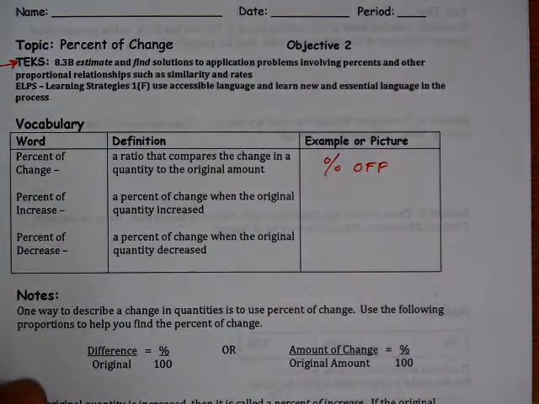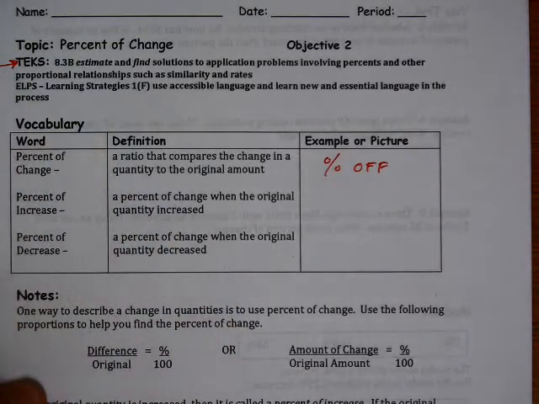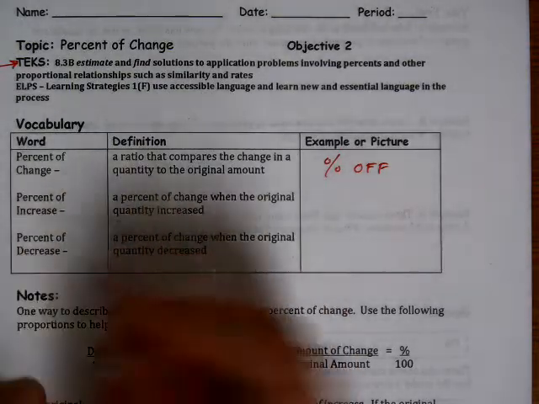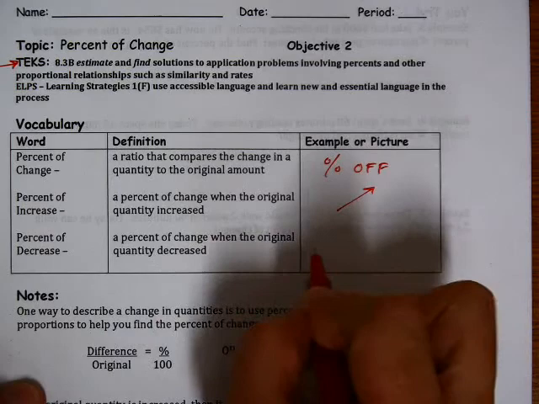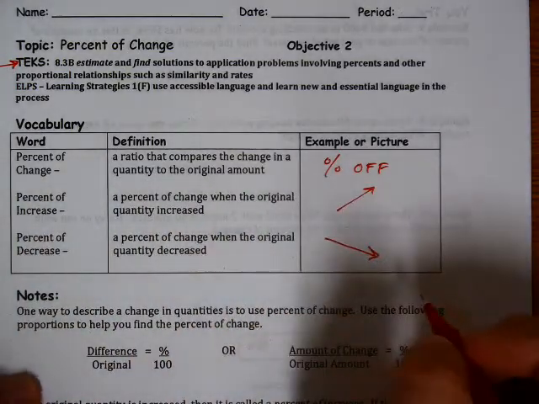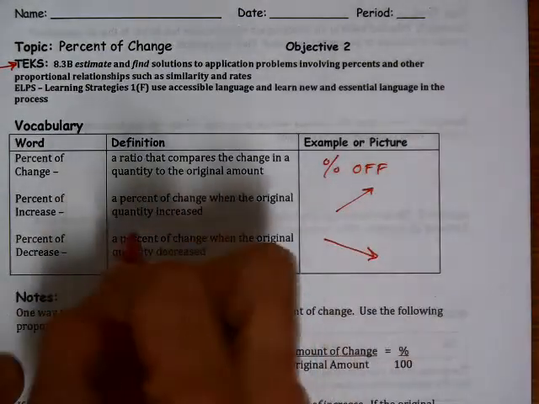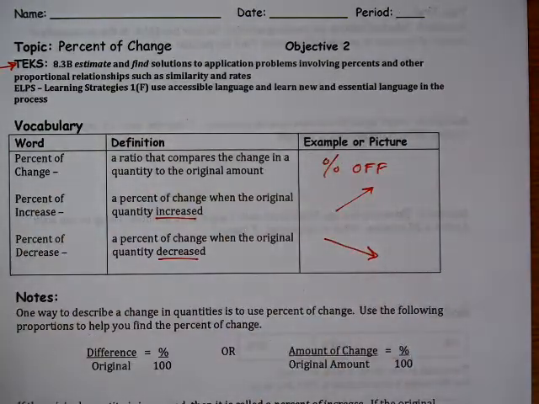Percent of increase is just when something gets increased, and a percent of decrease is a percent of change when the amount is decreased, and that should be pretty simple. Maybe these words you just need to take a quick look at. Increase means to get bigger, decrease means to get smaller.